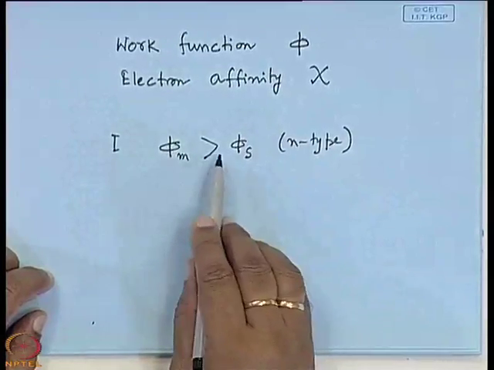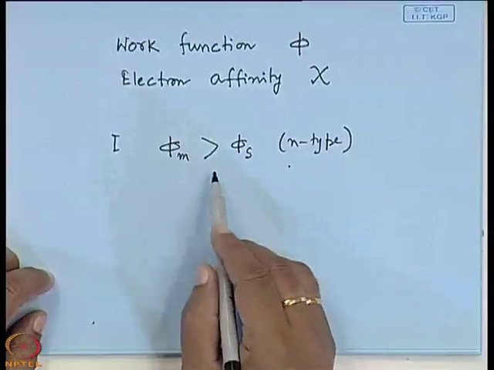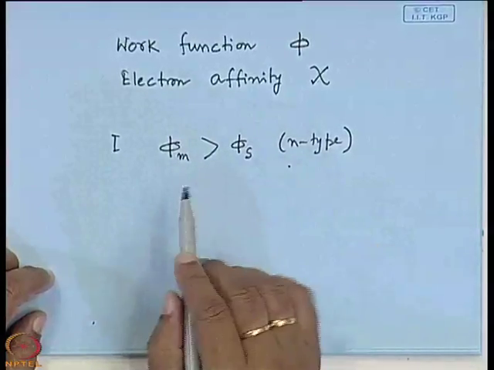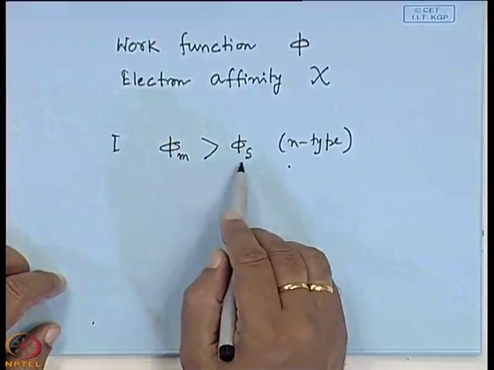It can be phi m greater than phi s for p type semiconductor. It can be phi m less than phi s for p type semiconductor. That means 4 cases are possible. Either the metal work function can be greater than the semiconductor work function, or the semiconductor work function can be greater than the metal work function. And since 2 types of semiconductors are involved, p type and n type, there will be altogether 4 cases. So, let us take the first case, phi m greater than phi s.